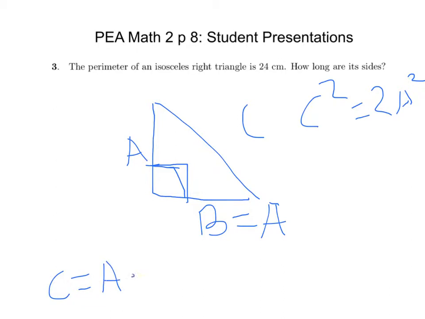A root 2. How did you get that? I was mainly listening to Aiden, and I wrote it. So how did you get that from C squared equals 2A squared? You take the square root of both sides. Yes. Okay.